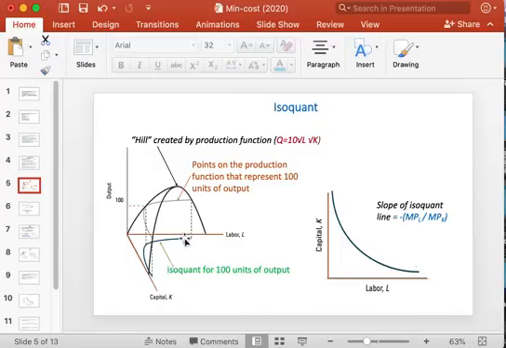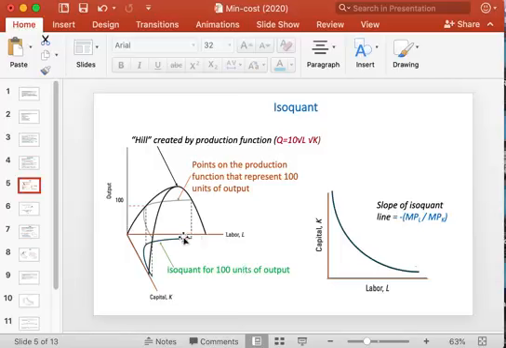The line projected onto the plane is called the isoquant line for 100 units of output.